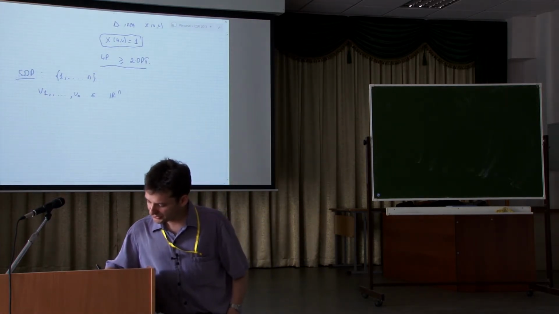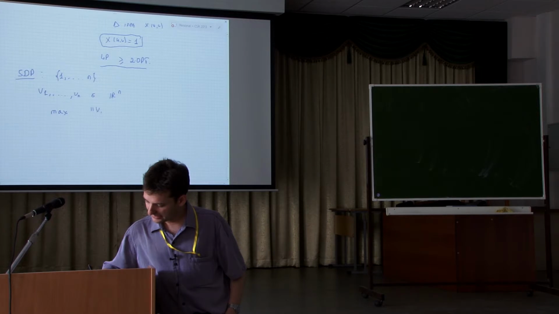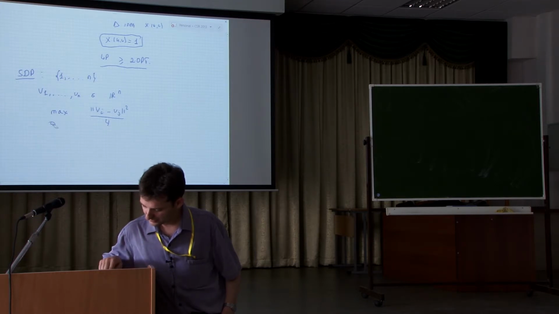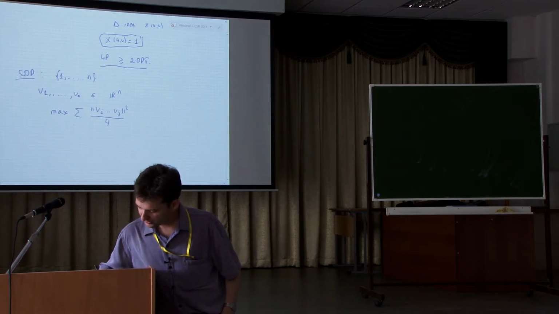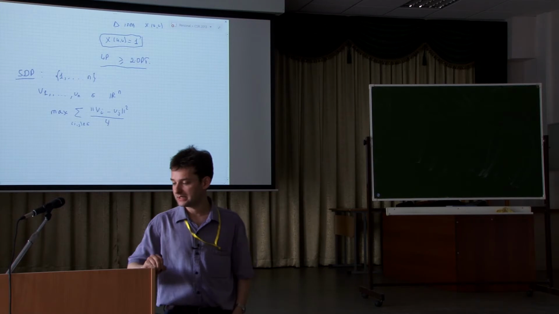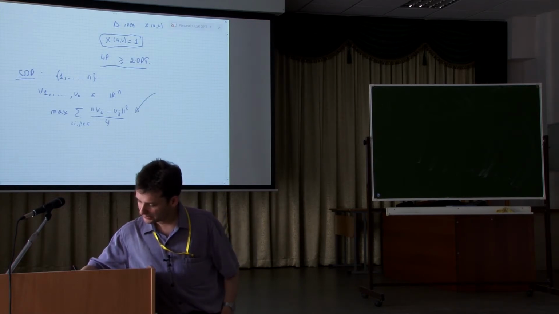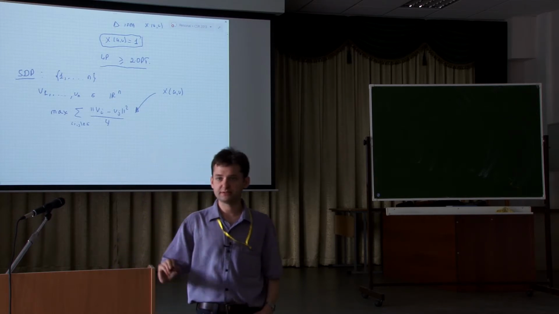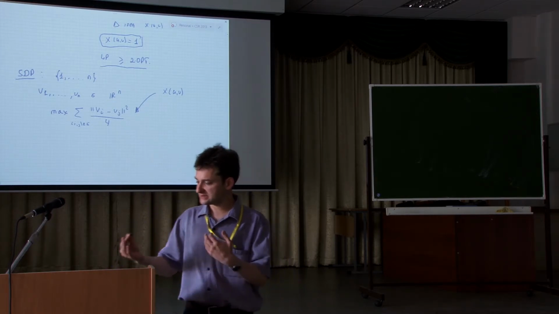Our objective is going to be to maximize the sum of ||v_i - v_j||^2 / 4 over all edges ij. This is sort of an analog of what we previously had: ||v_i - v_j||^2 / 4 is the analog of the metric x_uv in the linear program. And what is the solution we hope to get?